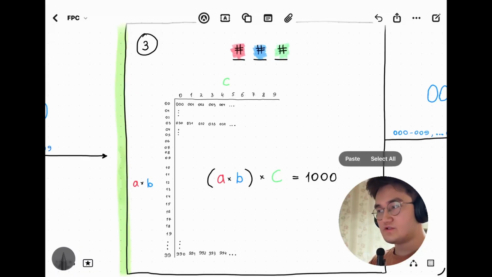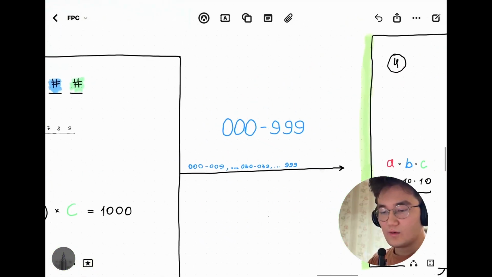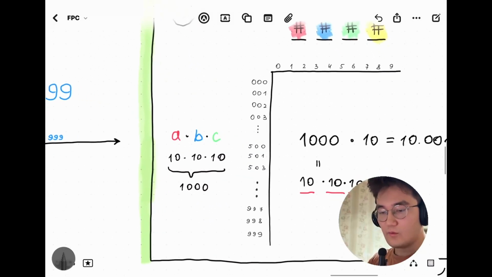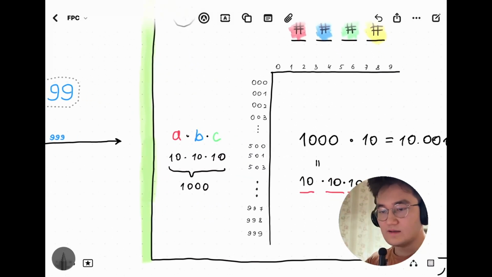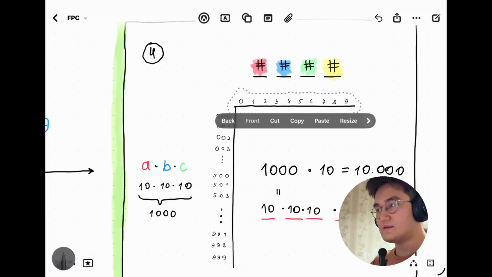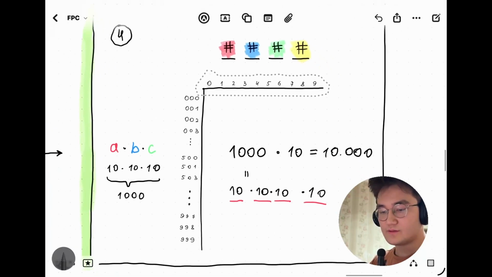So we just do the same operation over again. We have now 1000 different passcodes. We put all of them on one axis, and there is another axis that has only 10 options, and we just multiply.